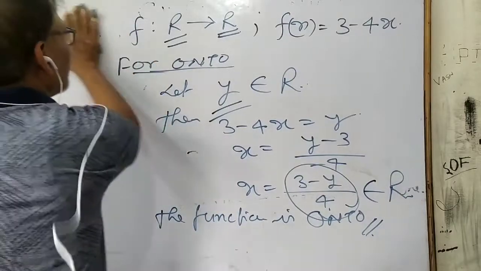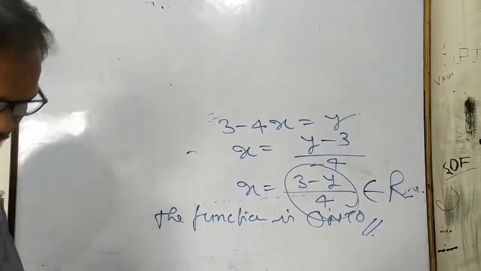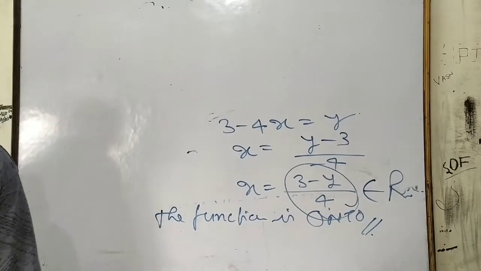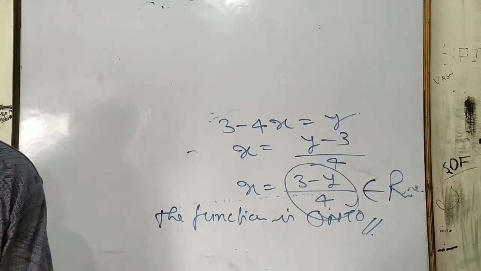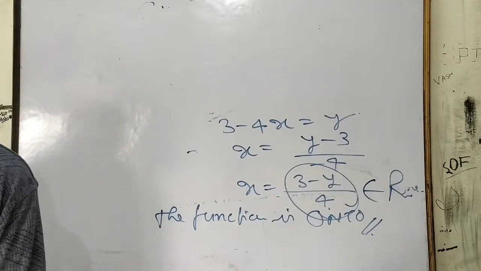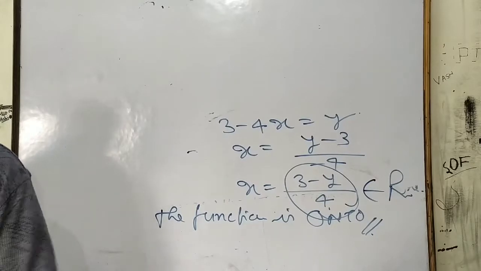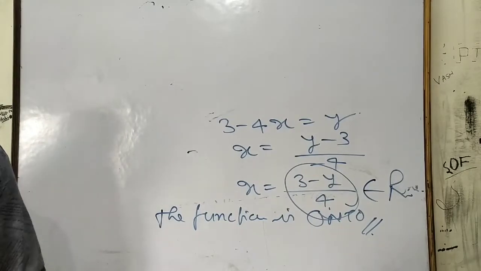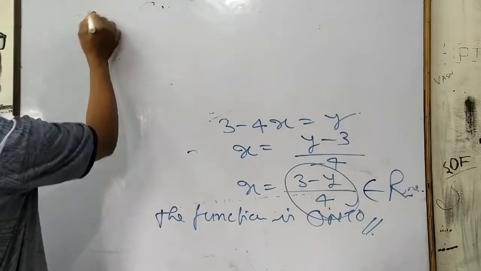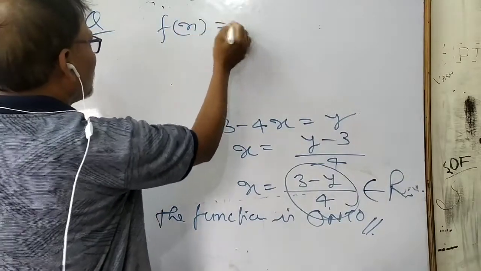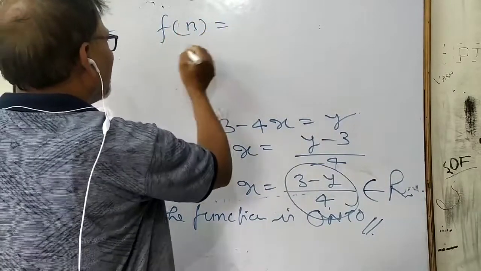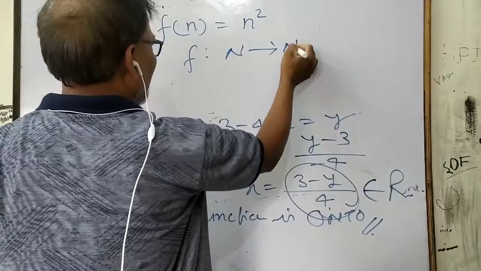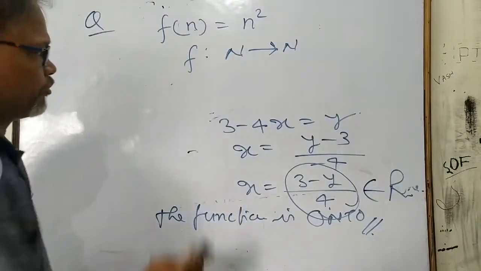But in case, one more thing here. Suppose the function is f(x) = n square, from N to N, and you have to show that it is injective.